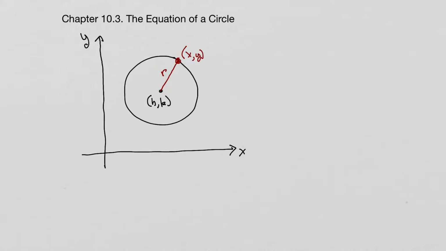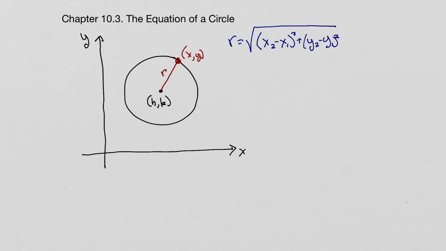R is equal to the square root of this quantity, x2 minus x1 squared plus y2 minus y1 squared. So it's the second x minus the first x squared plus the second y minus the first y squared, square root all that, and we'll have the distance.